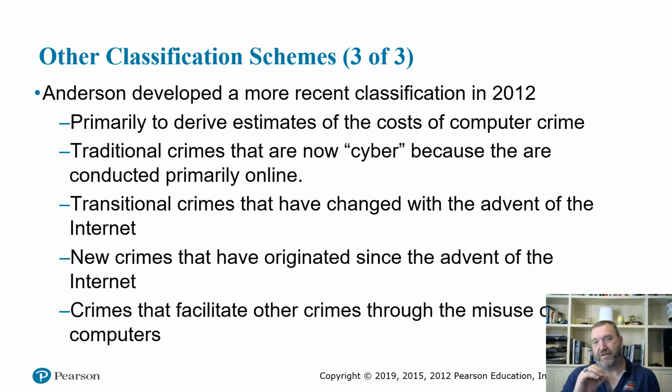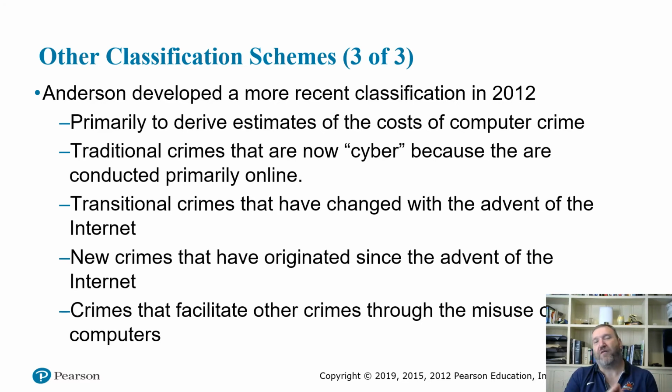But I don't see the difference between a computer crime, because if I'm in a standalone environment and the computer is incidental to a crime, it's still cyber, and it's still going to be classified as cyber. It's not going to be just a computer crime. Transitional crimes have changed with the advent of the internet.